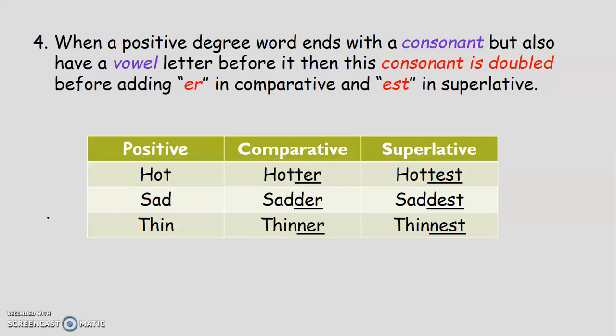O. O is a vowel. So when a word has a vowel followed by a final consonant, the last letter, that is the consonant, is doubled, and then we add er in comparative and est in superlative. For example, hot, hotter, hottest, sad, sadder, saddest, thin, thinner, thinnest.